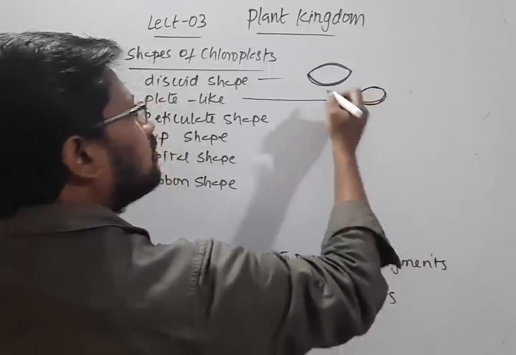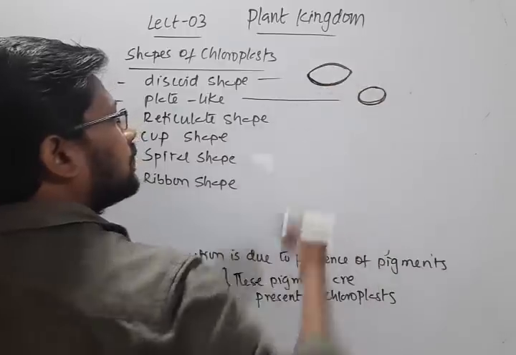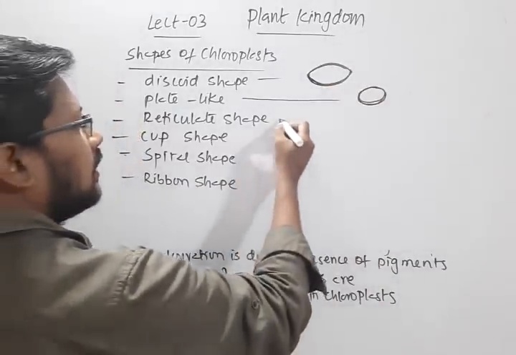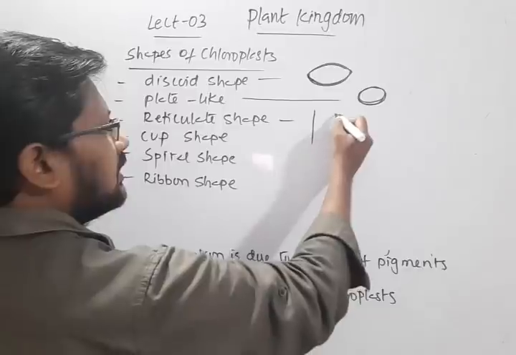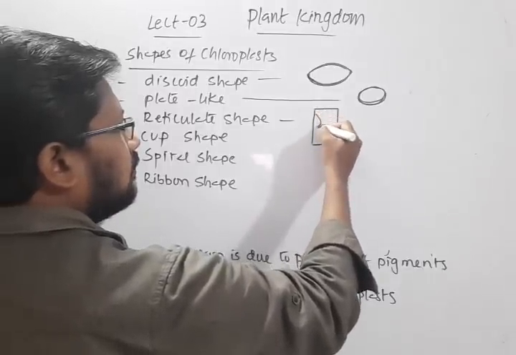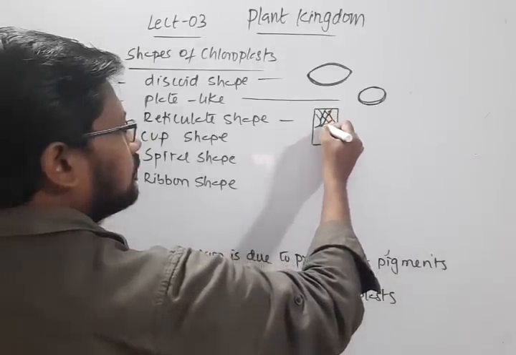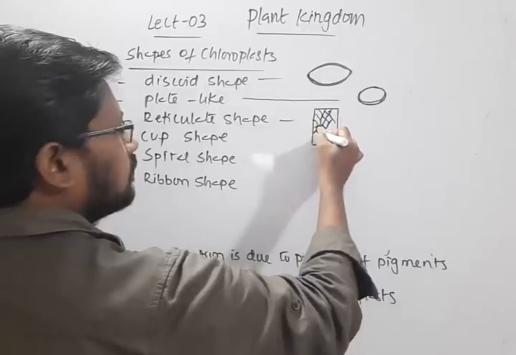So this is a plate-like, and this is a discoid shape. And then reticulate, which means you will see a network-like structure. If you see inside the cell, you will find a network of all this.